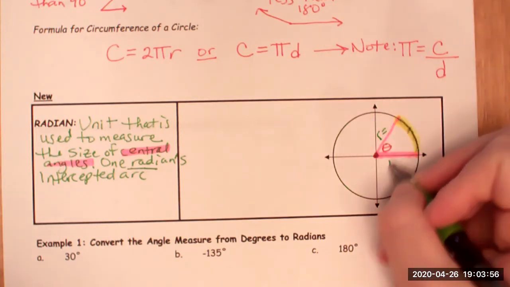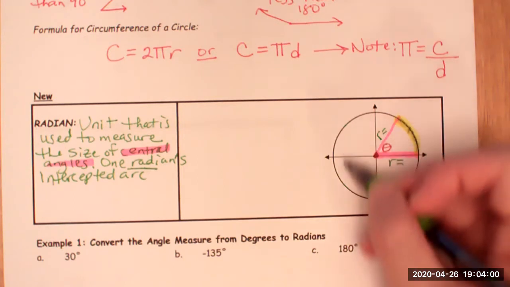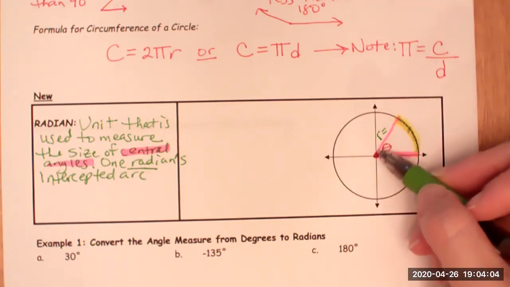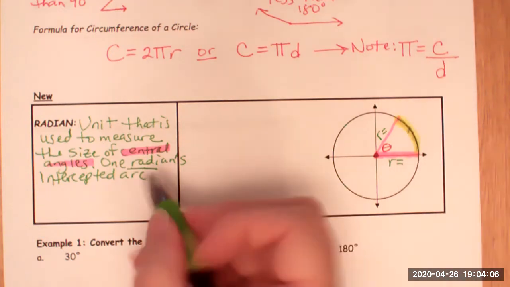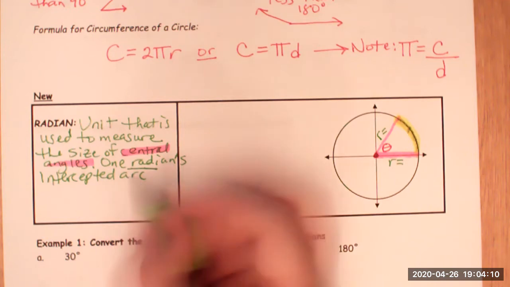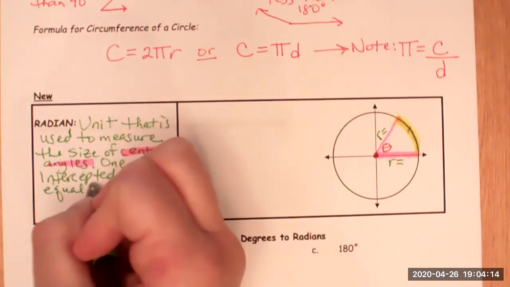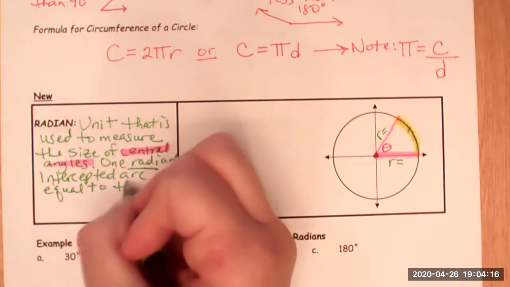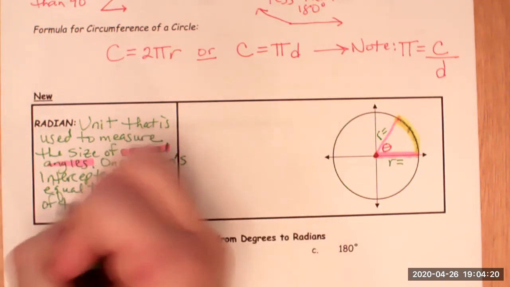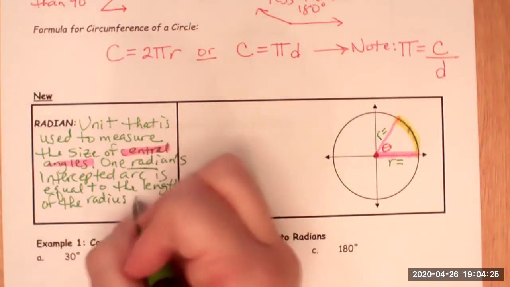Here's a radius of the circle. And you remember from geometry, there's an infinite number of radii around the circle, all that have the same length. So that 1 radian's intercepted arc is equal to the length of the radius in a given circle.